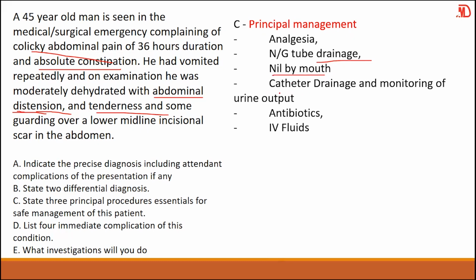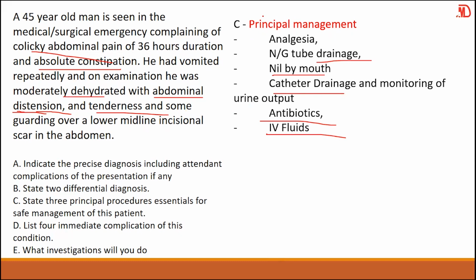Then, of course, you can do a catheter drainage and you monitor the urine output. You can give antibiotics. Of course, you should give antibiotics. Then you can give your IV fluids, IV fluid to compensate for the dehydration.